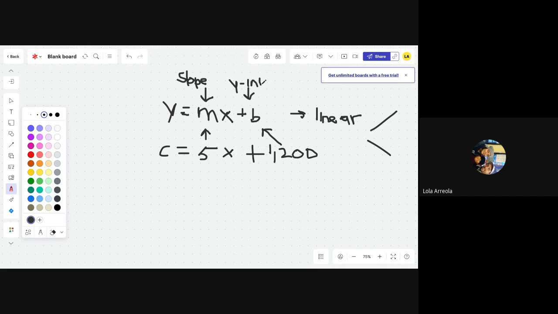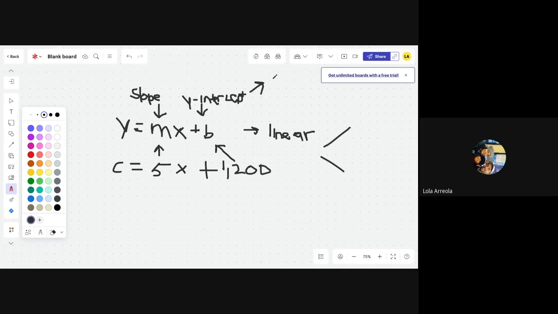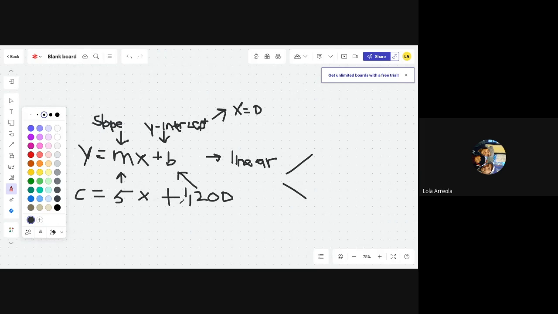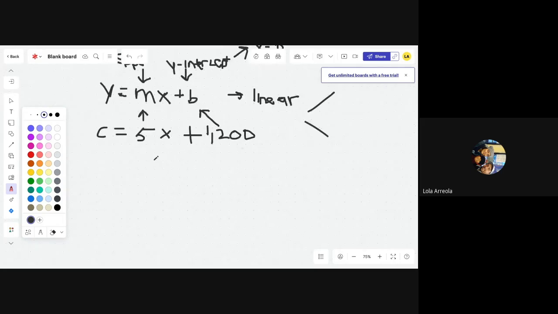Another way to think about the y-intercept is when x is equal to 0. Why is it when x is equal to 0? If I take this equation and set x equal to 0, what would I get?